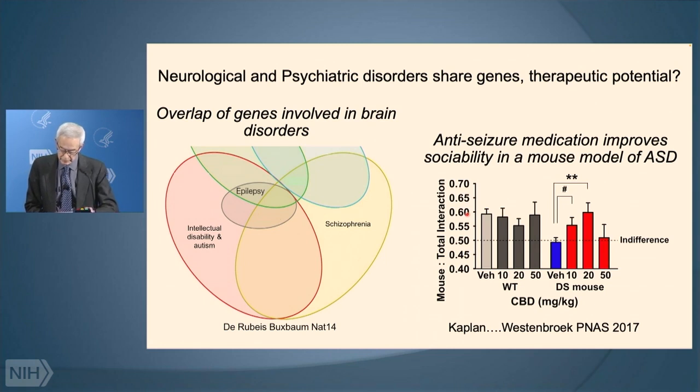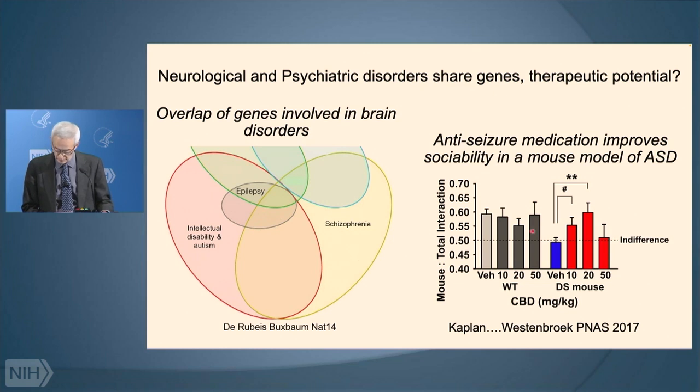And indeed, Bill Catterall's lab came up with the idea that as one example of this kind of overlap, a medicine that was previously used for epilepsy, CBD or cannabidiol, was actually effective in treating a mouse model of autism. This is the Dravet mouse, a mouse that is deficient in NAV 1.1, and whose interneurons are not behaving properly.